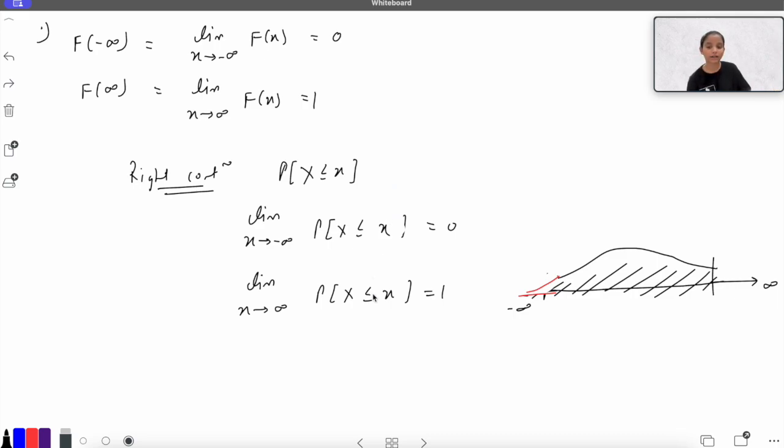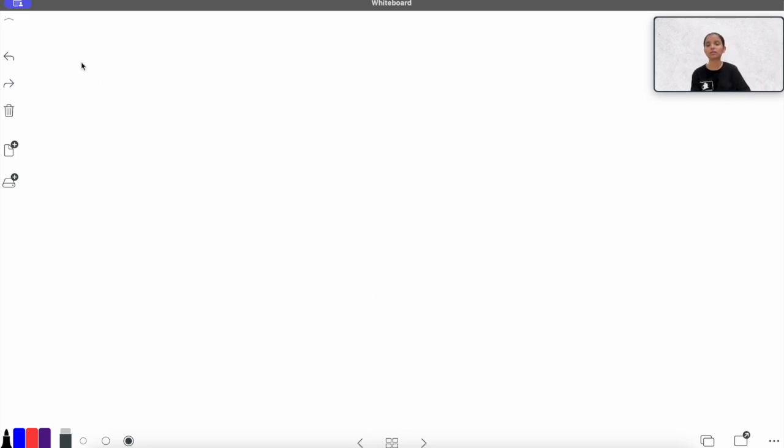And talking about the random variable, we have two types of random variable. The one is the discrete case and the second is the continuous case. Okay, that is the discrete random variable and the second one is the continuous random variable. Okay, so in the discrete random variable, we are talking about a countable number of real numbers.